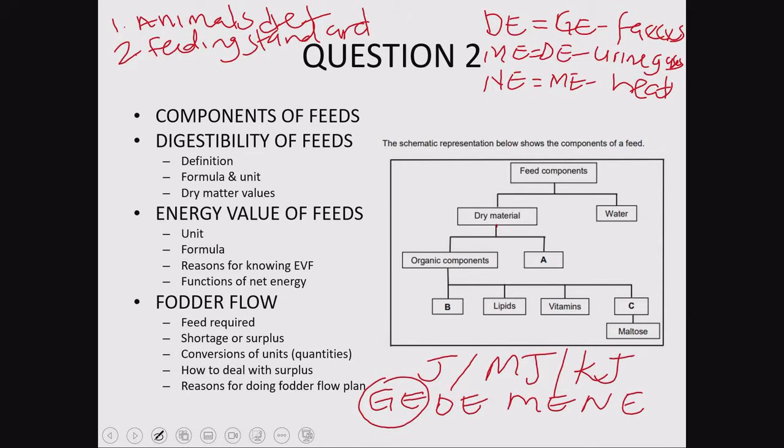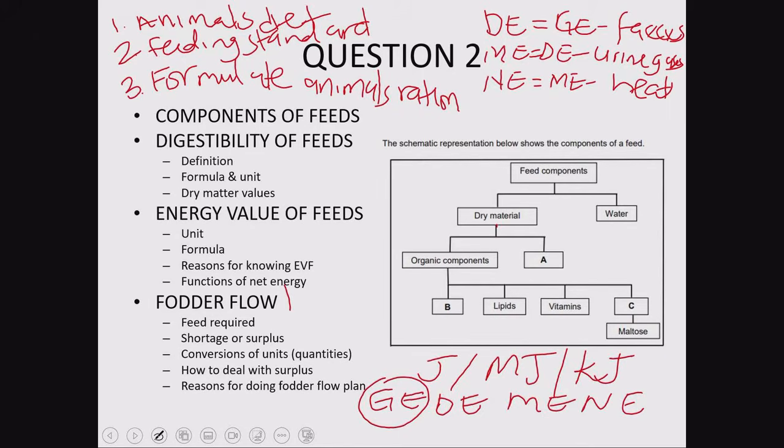You want to formulate the ration of the animals. So that's the reasons for knowing the energy value of feed.